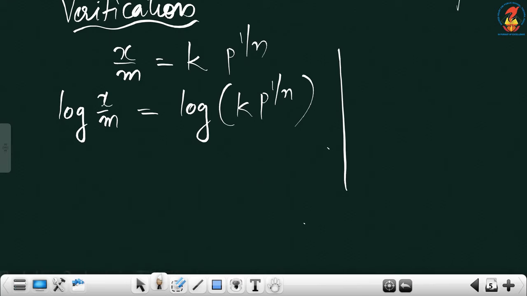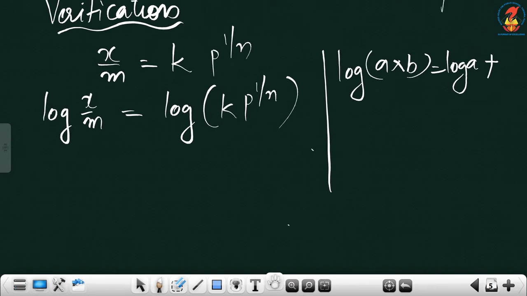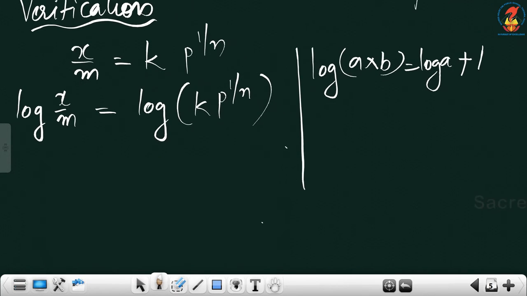In maths we have learned log of a into b is log a plus log b.